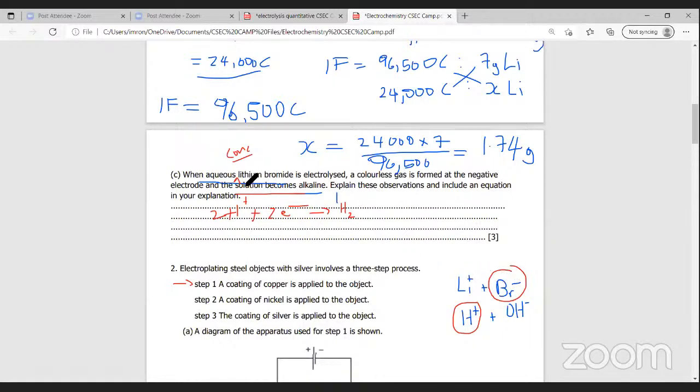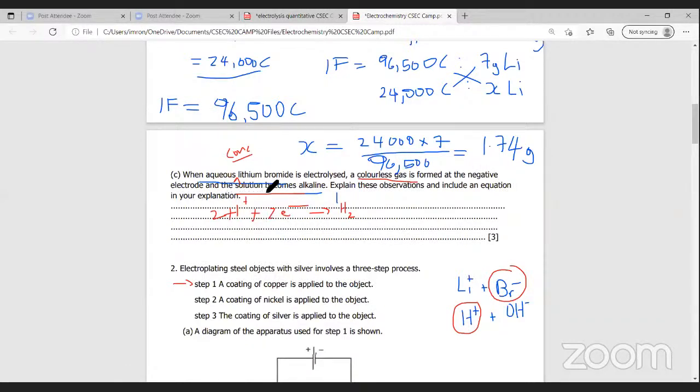The question missed out a little thing here. It should have said concentrated lithium bromide. But they didn't have to tell you, because they didn't ask you about that. You could have answered the question, explaining the colorless gas being formed at the negative electrode.